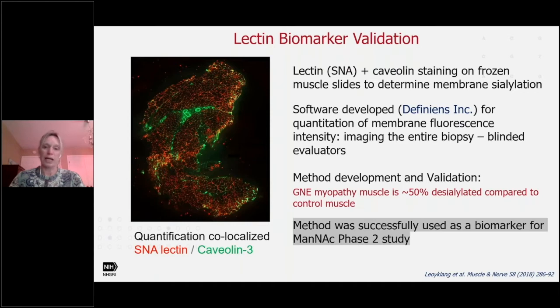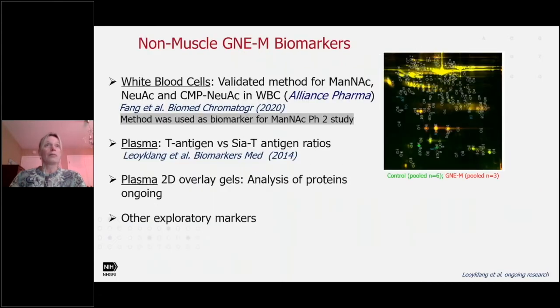So it's not that the sialic acid is completely absent, but it's desialylated. And as I said, this method was then implemented in the phase 2 study.